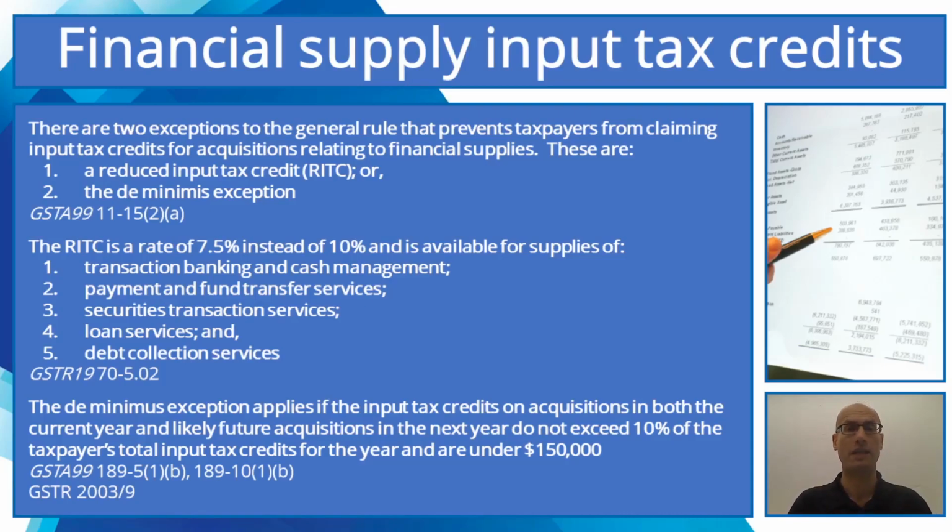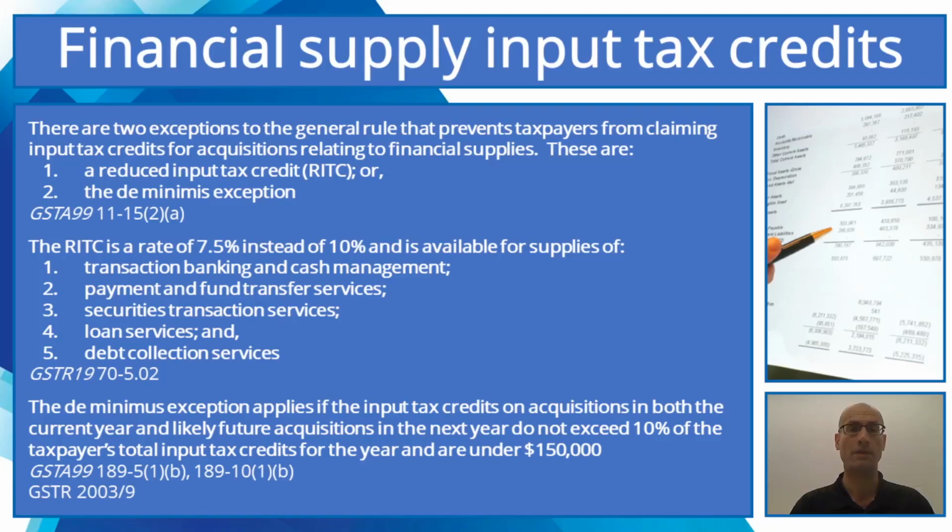And that exception, well, forms two categories. The first one is for certain types of supplies, including transaction banking and cash management, and a variety of related things, loan services, debt collection, and payment and fund transfer services.